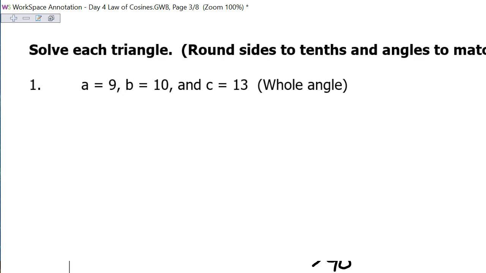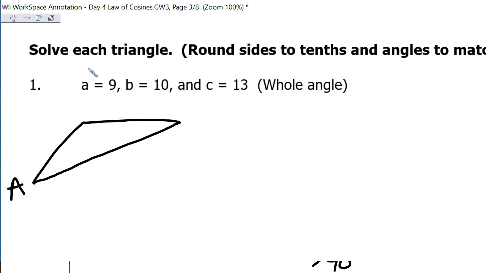Okay, solving these triangles. Remember, when you solve triangles, you need all three angles, all three sides. And I'm going to draw myself a quick diagram. Side A is 9, side B is 10, side C is 13.